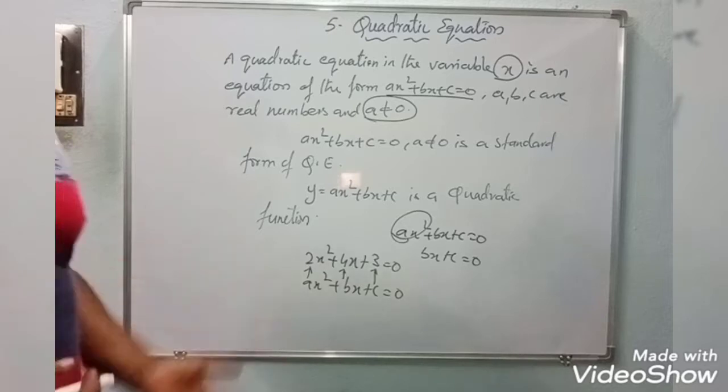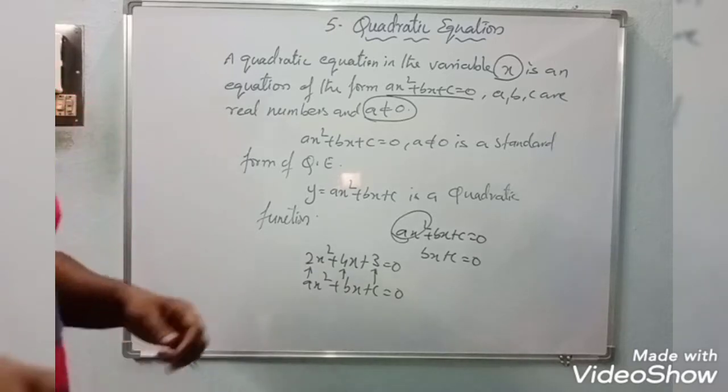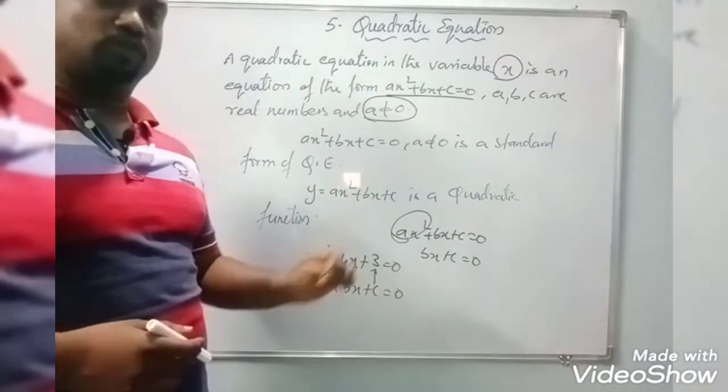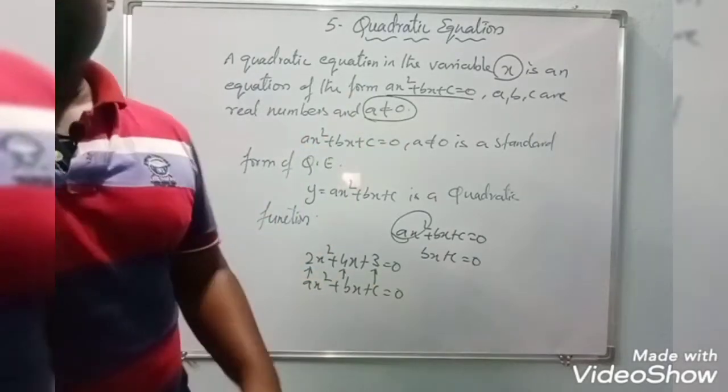Now to solve this quadratic equation, we have 3 methods. Totally we have 4 methods. All these 4 methods we will write here.